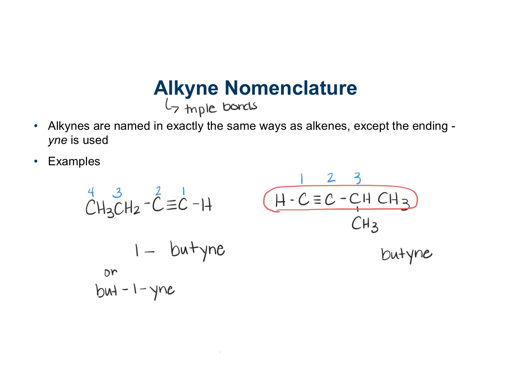So 1, 2, 3, 4. And so this would be 3-methyl-1-butyne, or you could name it as 3-methylbut-1-yne. Either way. So again, very, very similar to what we have experienced with naming double bonds.